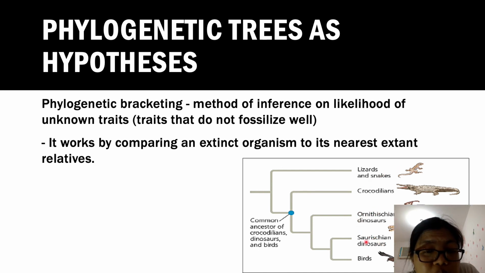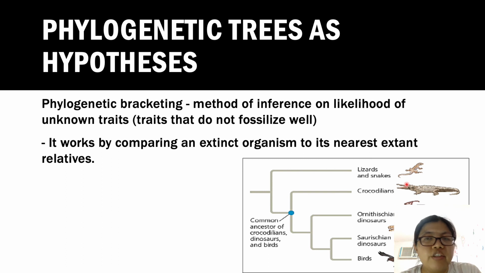So from here, we can see that the birds, which are our extant organisms, are closely related to this dinosaur. So we can assume that these dinosaurs have feathers too, instead of scales. Right? So that's our lesson for the topic.